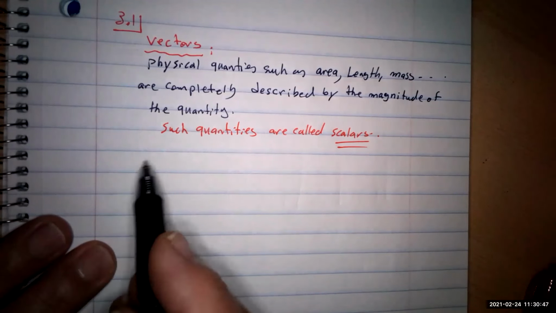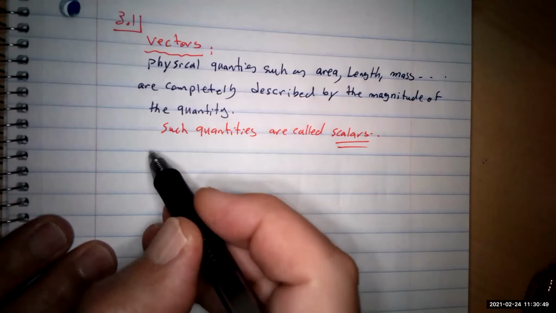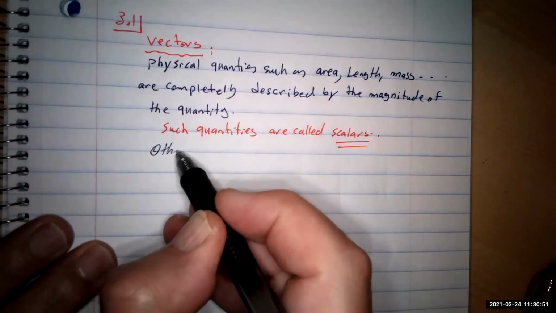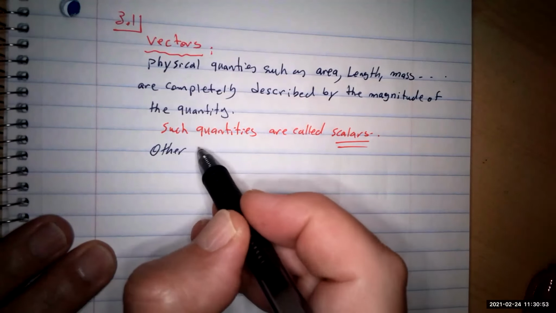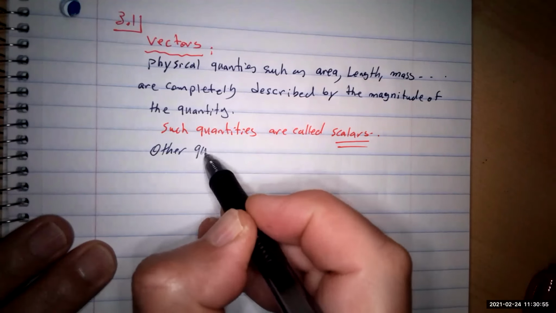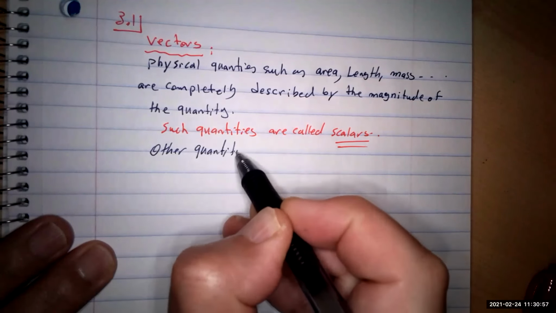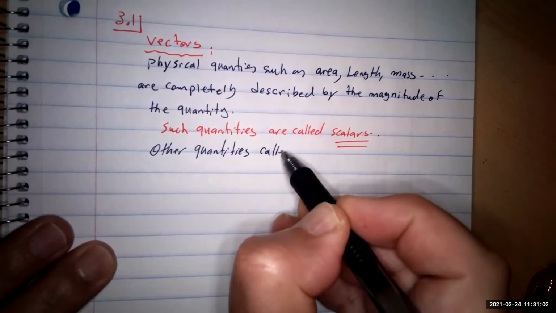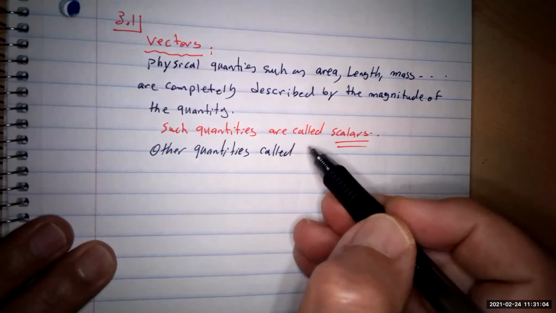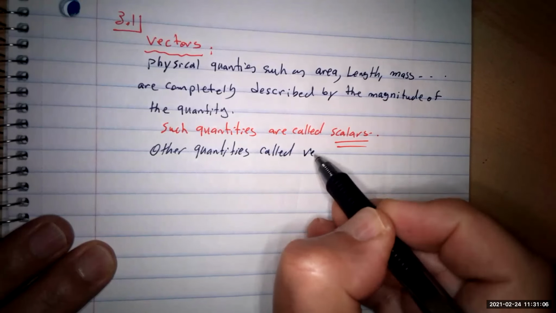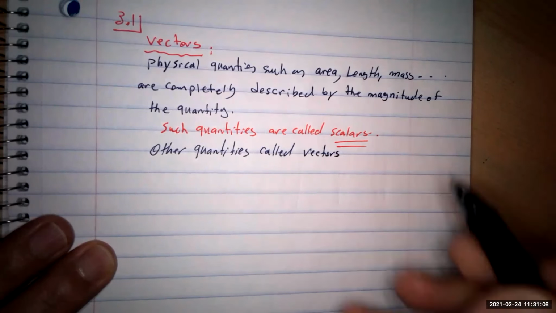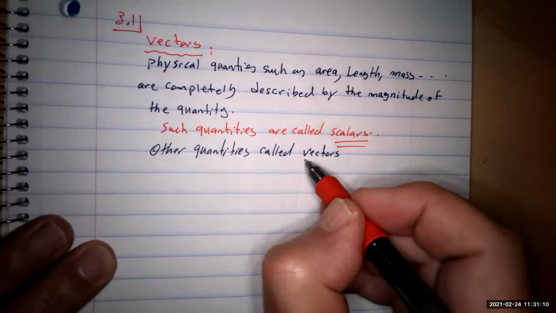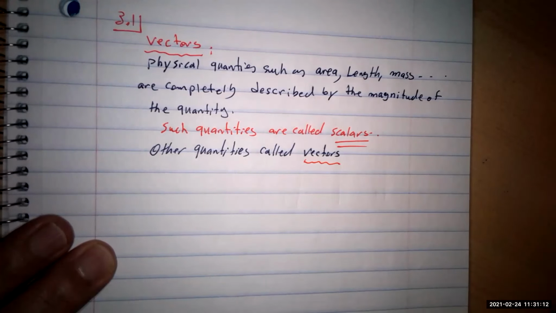But we have other quantities, and these quantities are called vectors. If you have a vector, you have a numerical measurement and a direction at the same time.